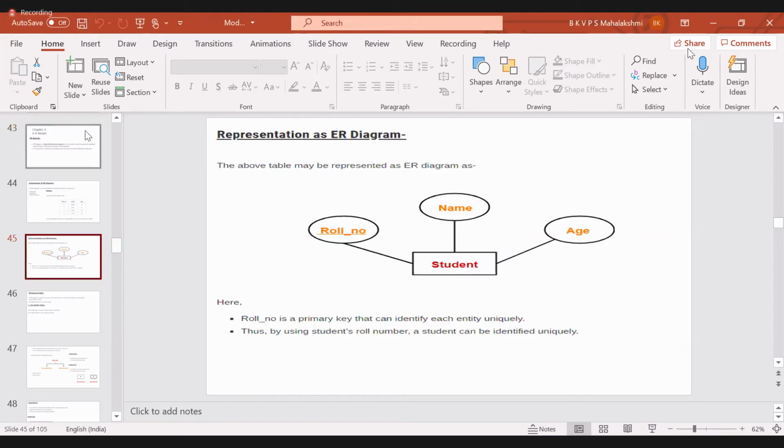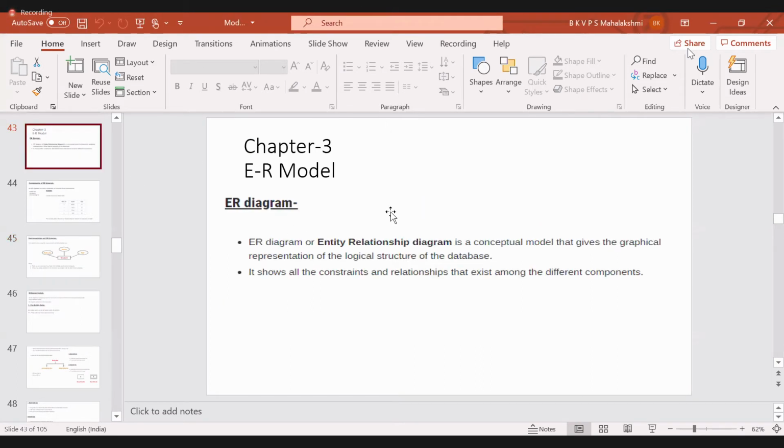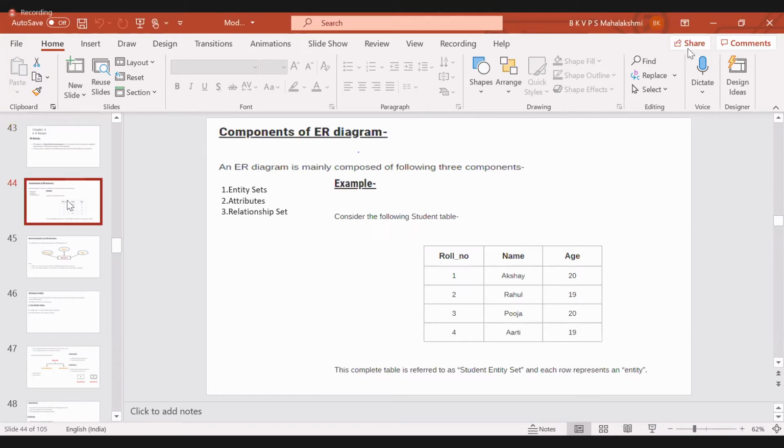Before we go through the diagrams, let us know the terminology of ER. ER is E for entity and R for relationship. So how do we relate the entities logically? That is the concept of ER.